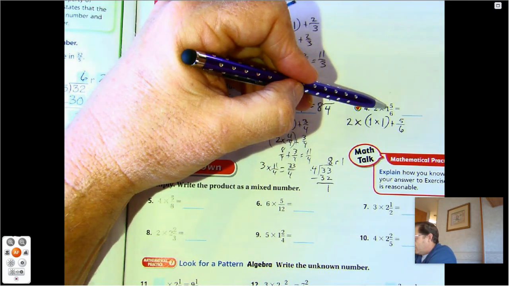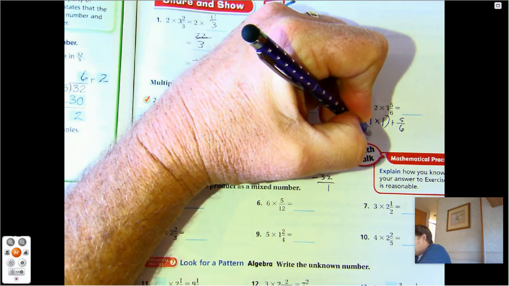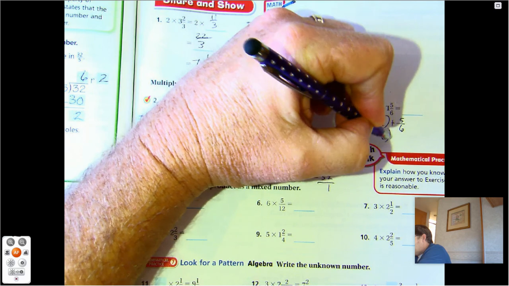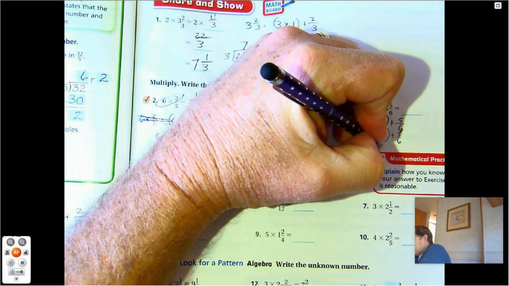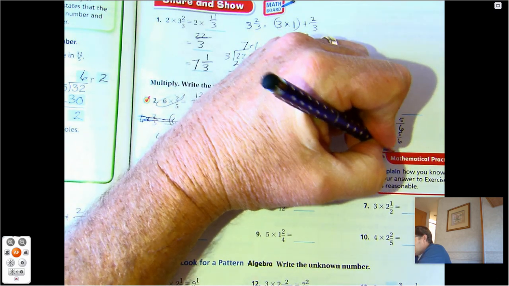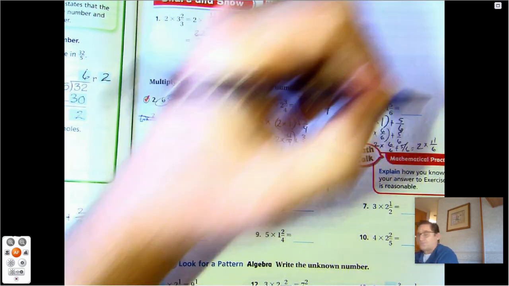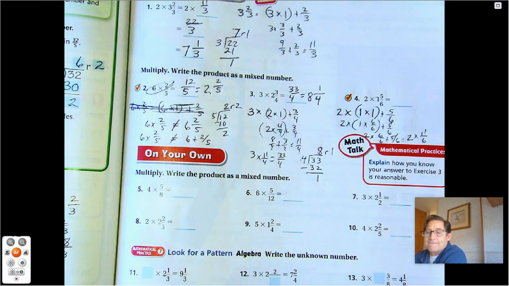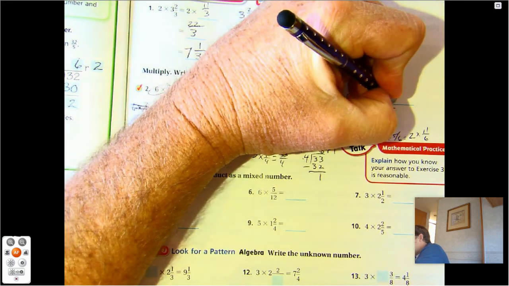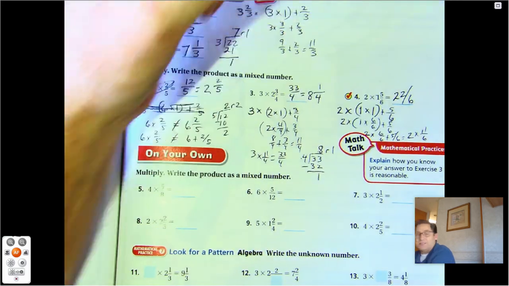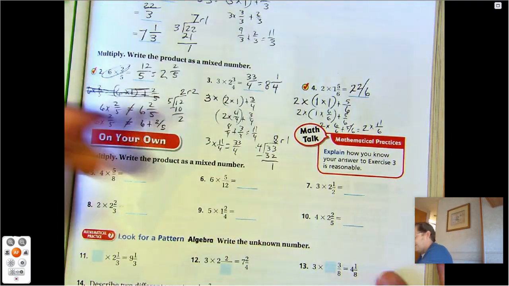Okay, so we're going to change this 1 whole to 6/6. 6/6 plus 5/6 equals 11/6. So 2 times 11 is 22/6. I'm sorry, 2 times 11/6 is 22/6.